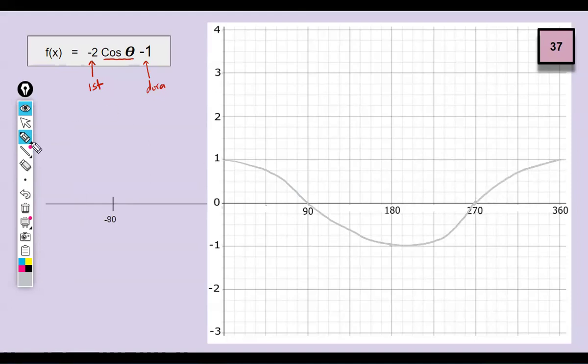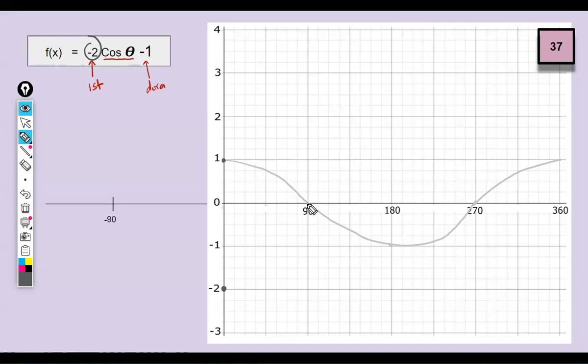For Albert, we have to multiply all the y coordinates by -2. The y coordinate here is 1, and 1 multiplied by -2 is obviously -2, so it goes down here.